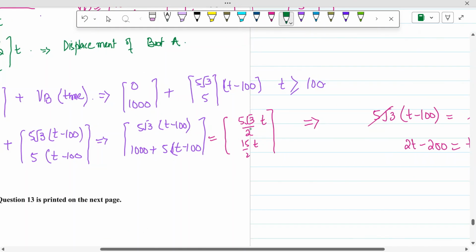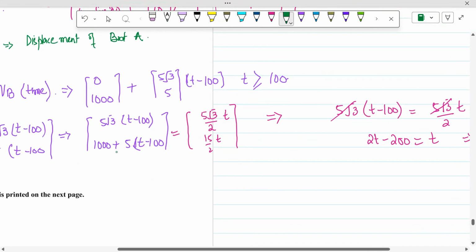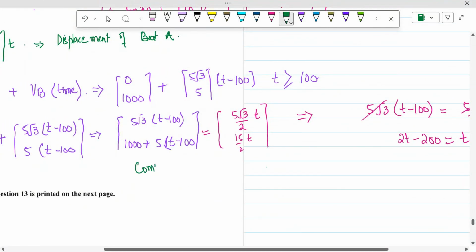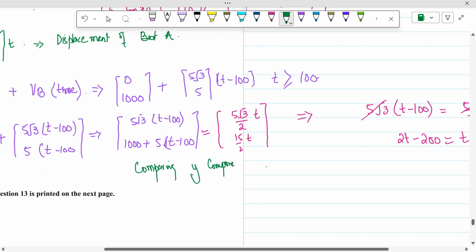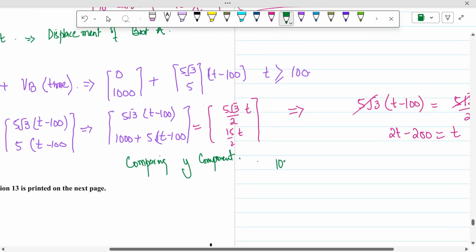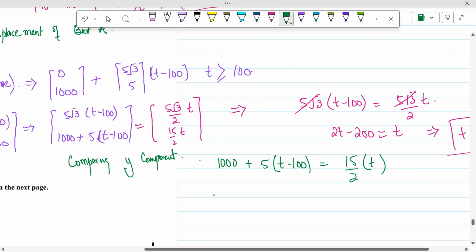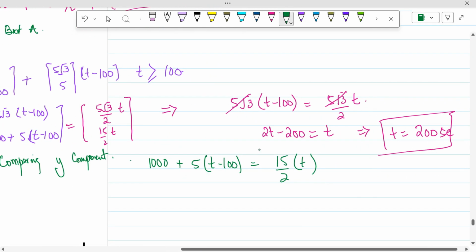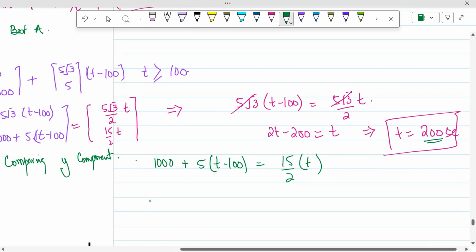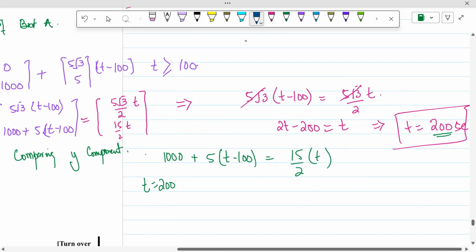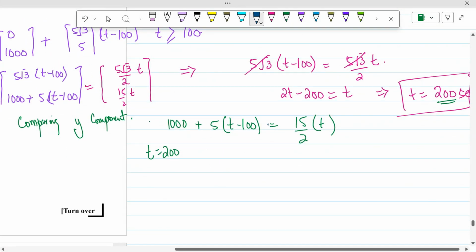To confirm it, we compare the y component: 1000 plus 5 times (t − 100) equals 15/2 times t. Both should be equal if t is equal to 200.